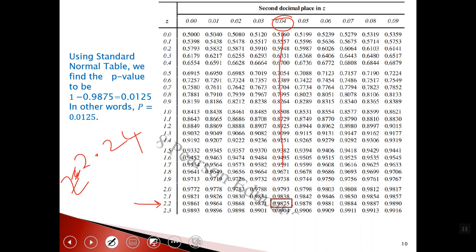Come down along this column and along this row, and you have your value. See this one: 0.9875. Clear? That is your delta value.